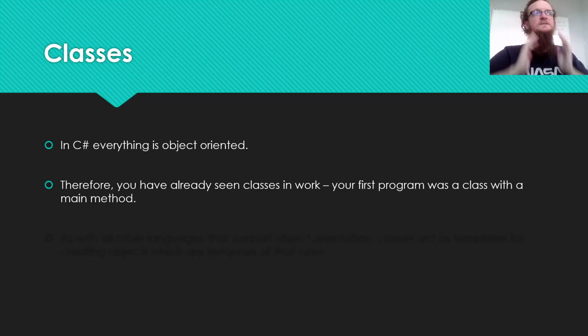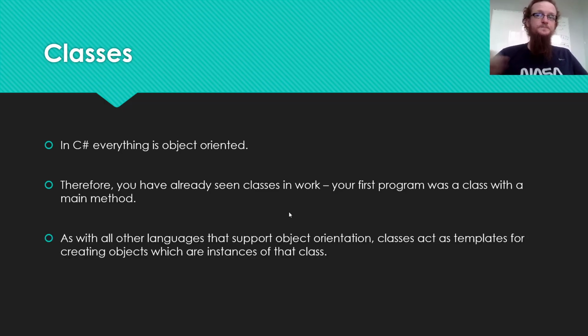Even with something as simple as your first programming assignment where you built a very tiny point-of-sale system, you still had a class, you still had a main method, even if you didn't use methods for encapsulation to further abstract the business logic that you were trying to use. At its root, you were still using a class, and you were still using object orientation.